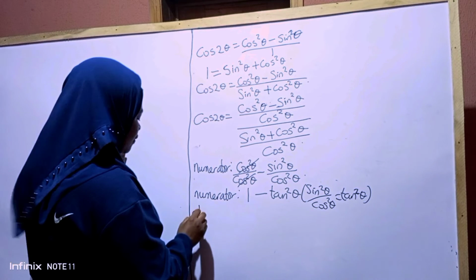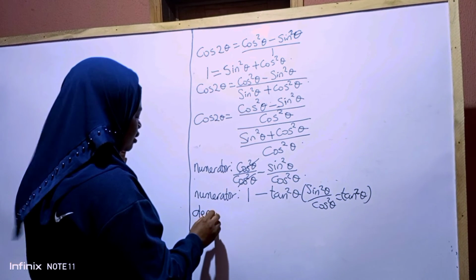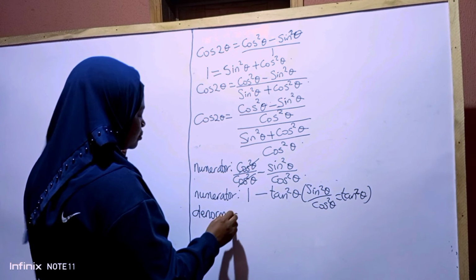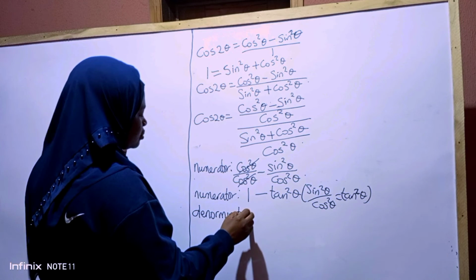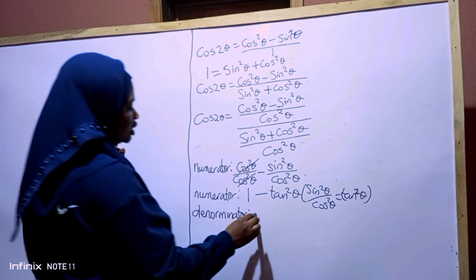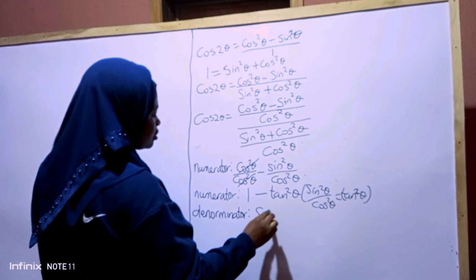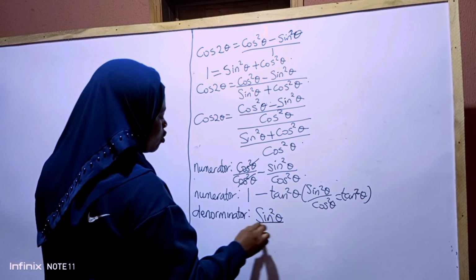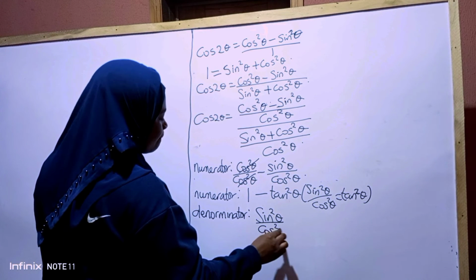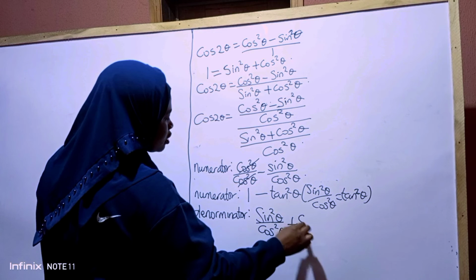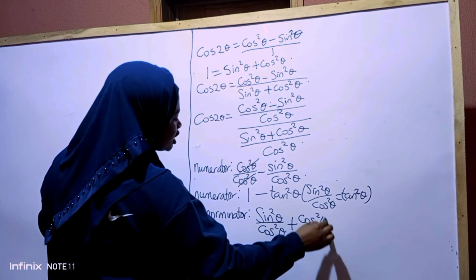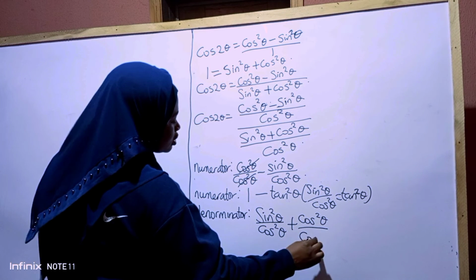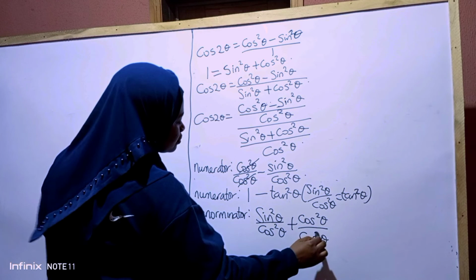The denominator is now sin squared theta over cos squared theta, plus cos squared theta over cos squared theta.